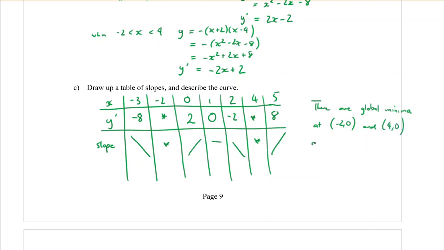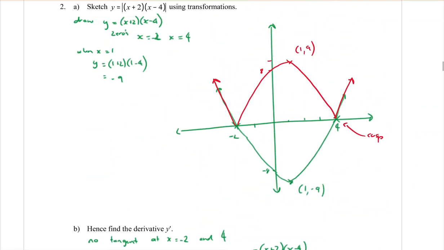And we also said there was a local maximum at the point 1, 9. Why is that one only a local maximum, not a global maximum? Keeps going. That's right. These ones here would overtake them if we kept going up. It's just a maximum turning point, but it's not the maximum overall.